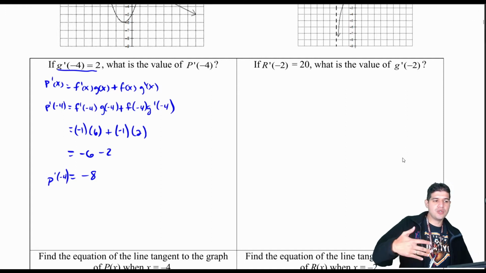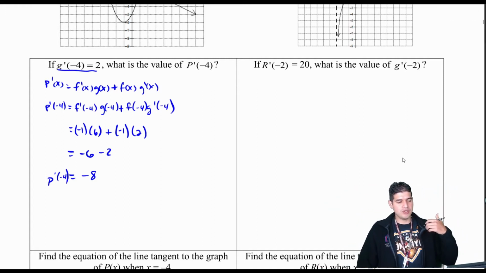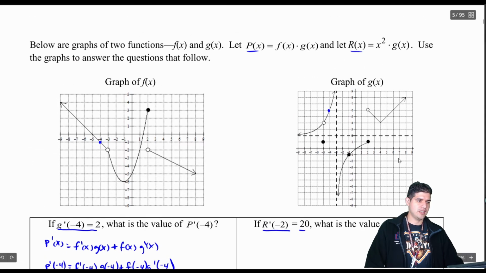So that's how you do these graphical and tabular questions. Let's jump over to our second one where we want to find, well, we know f prime of -2 is 20. We want to find g prime of -2. So let's look at what we're given. Here we are given r of x is x squared times g of x. So we want to take that derivative.